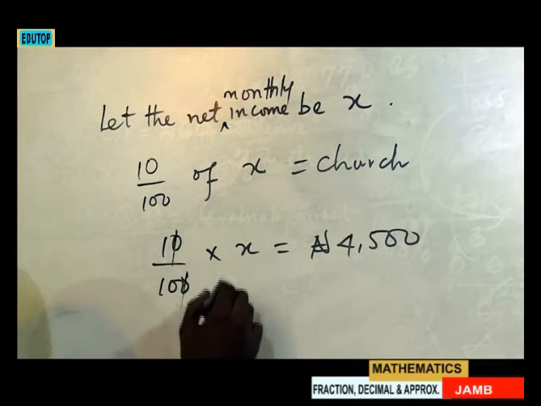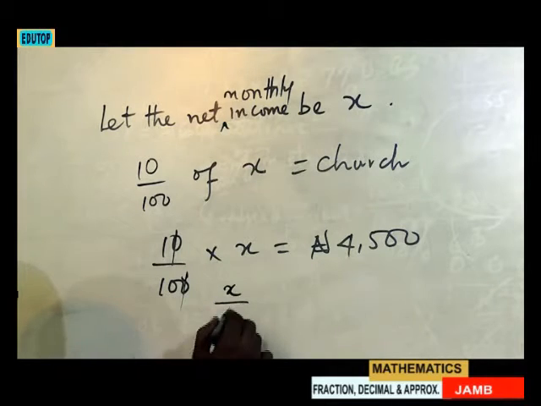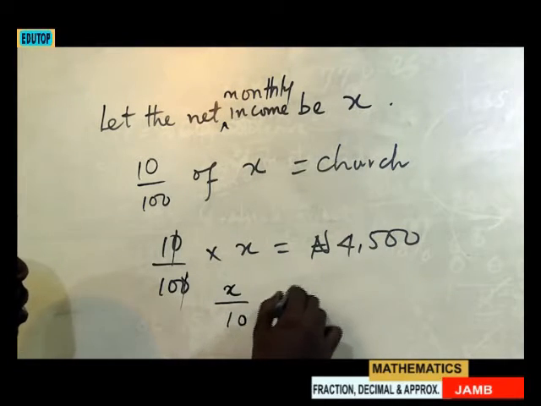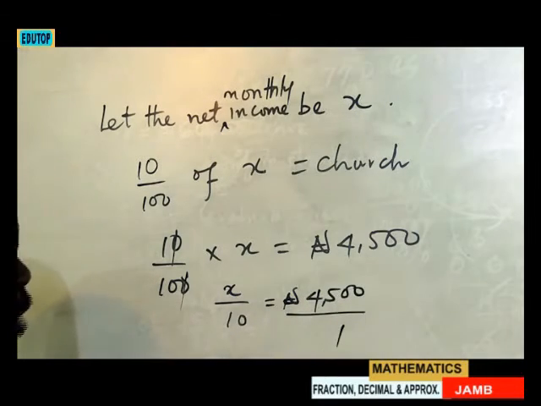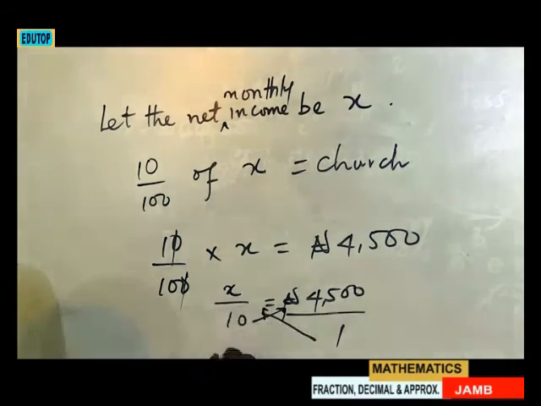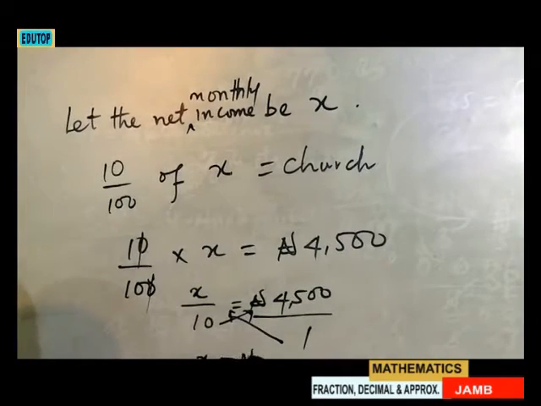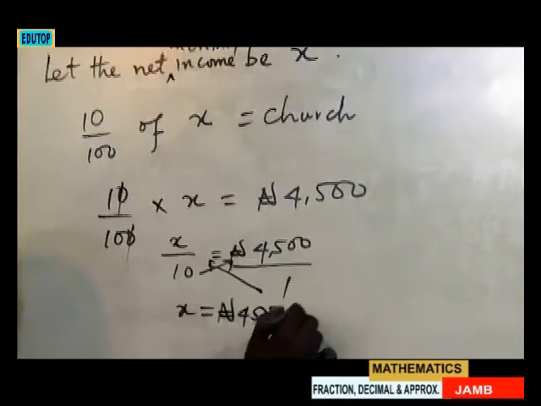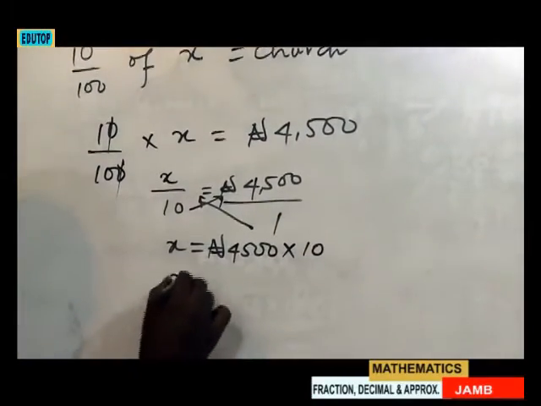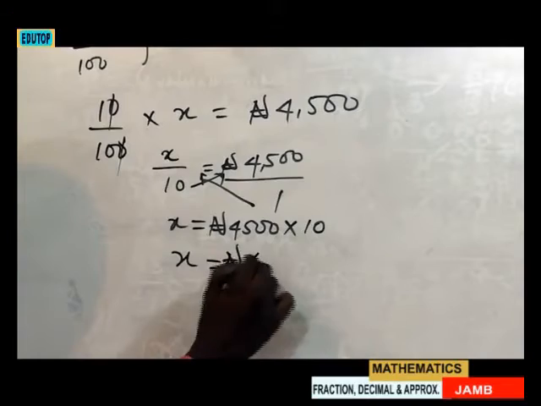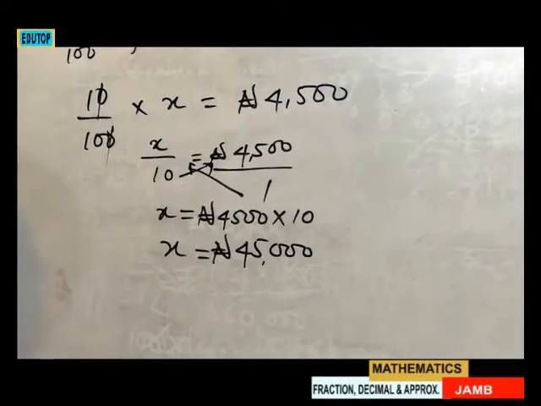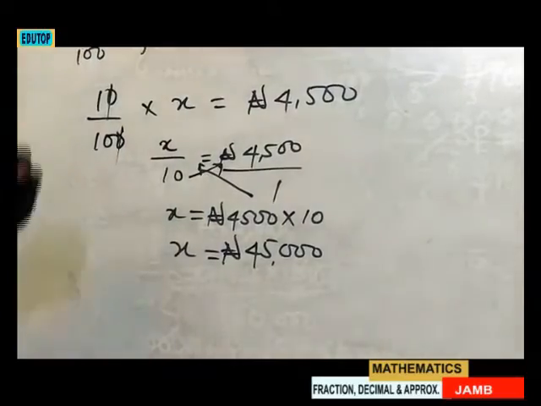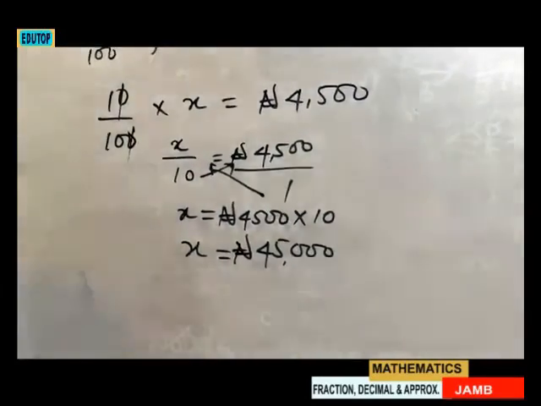So I have 1 times X over 10 equals 4,500 over 1. I'm looking for X, so I cross multiply. So 1 times X equals 4,500 times 10, which will now become 45,000.